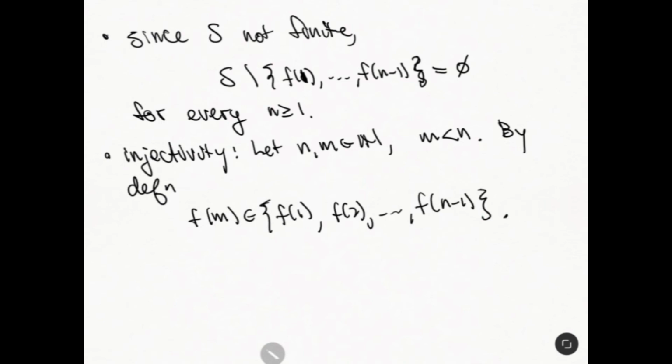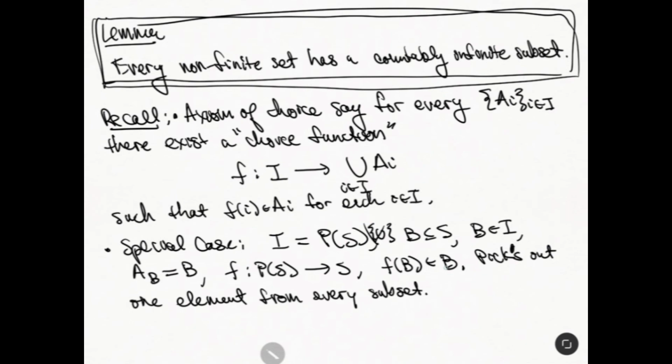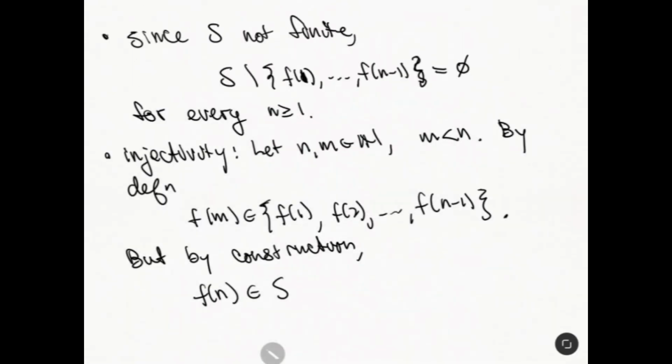But by construction, the next term, f of n, is an element chosen by the choice function, and choice functions have the property that the chosen element lies in this set. So our g does this: it's an element exactly where the f of m's aren't. So f of m is in this set, and f of n is in the complement of that set.